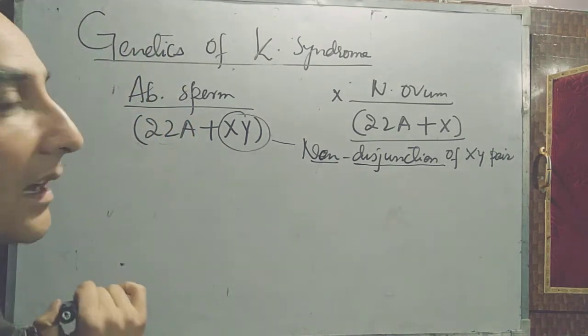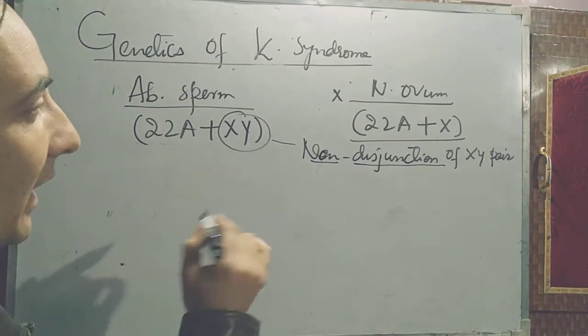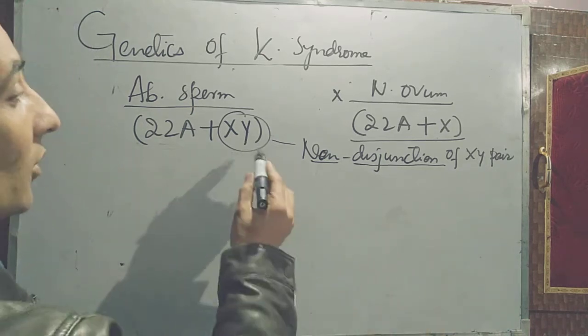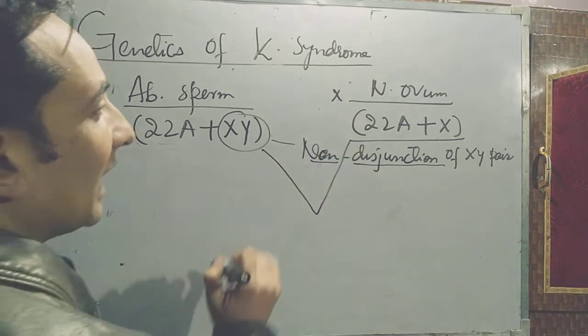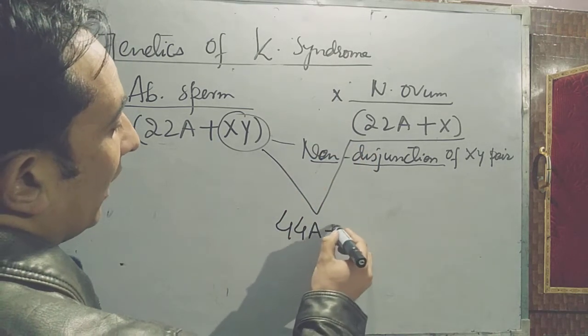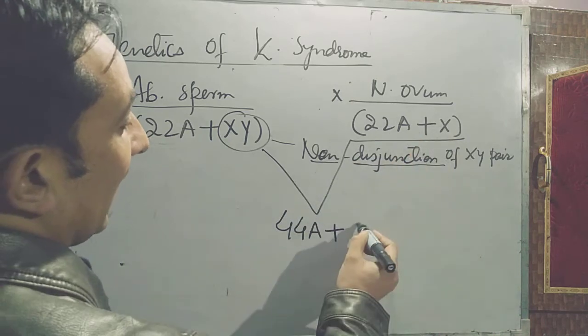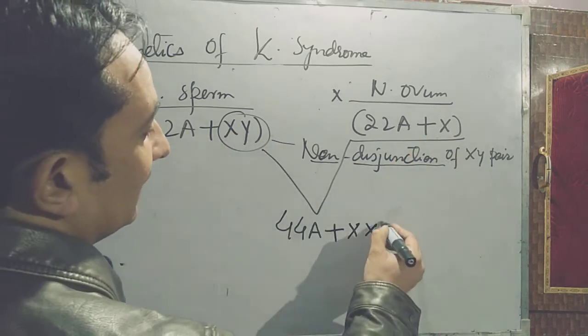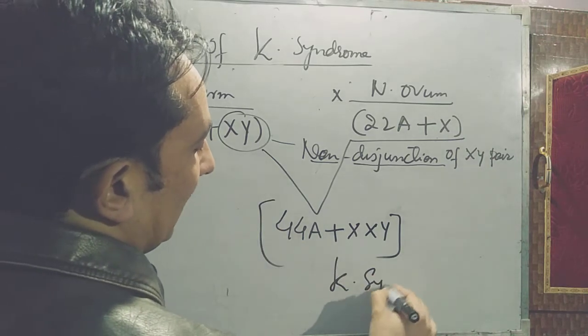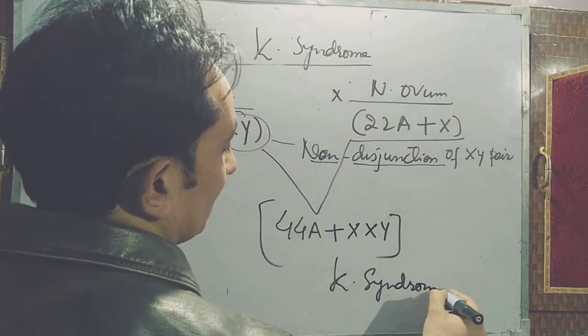So an error in meiosis has happened, due to which an abnormal sperm with 22 autosomes plus the XY pair of chromosomes has occurred, and it fertilizes the ovum. So the resultant offspring would have 44 autosomes plus this X and this Y. So this is a way the Klinefelter syndrome individual can be formed in the second case.